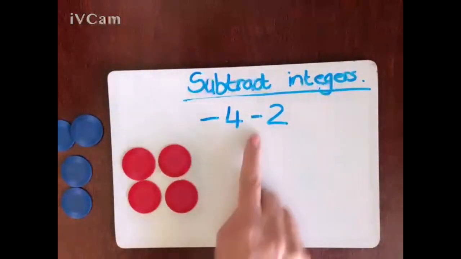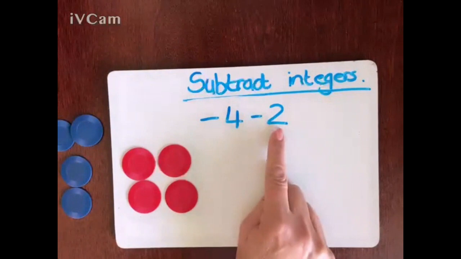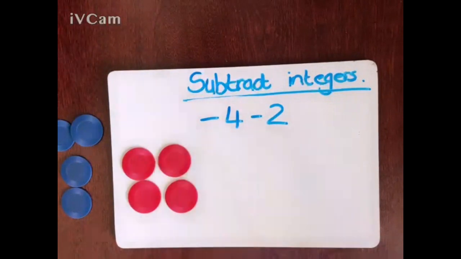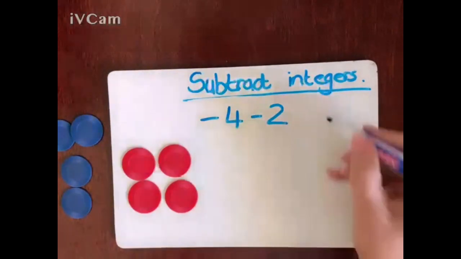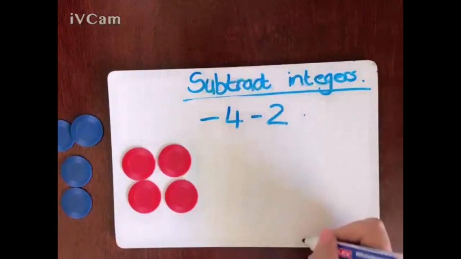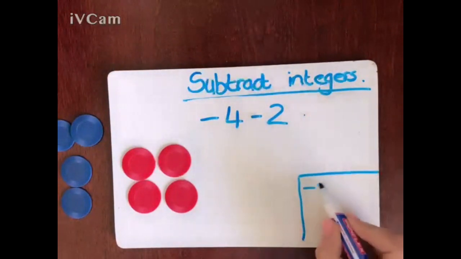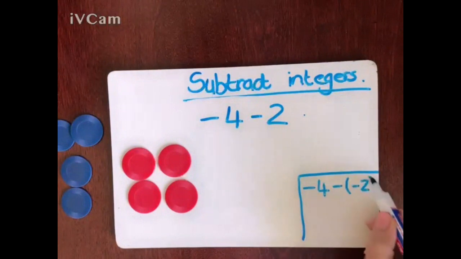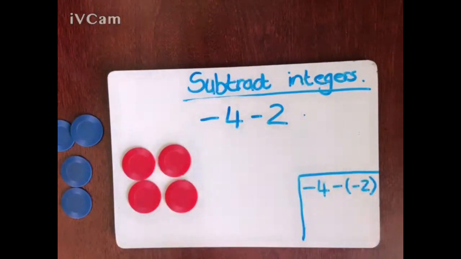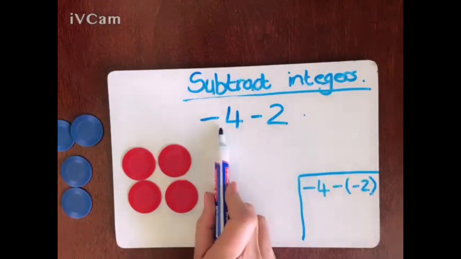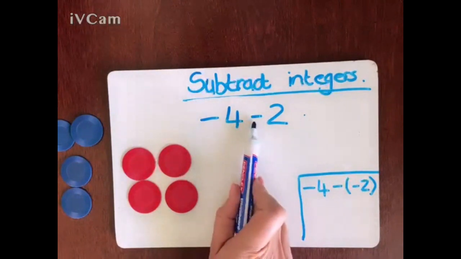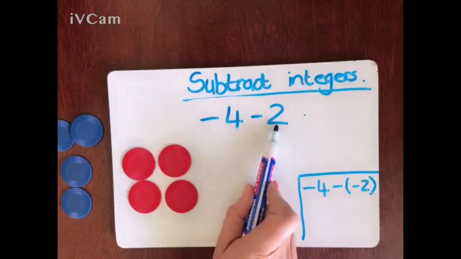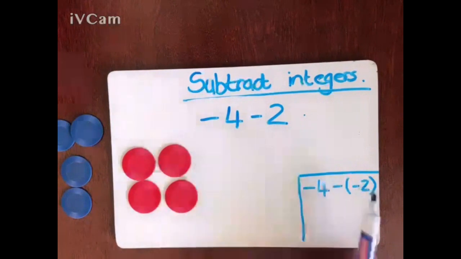And now I want to take away 2 blue Smarties, because remember, there's a difference between 4 red Smarties, take away 2 red Smarties, and 4 red Smarties, take away 2 blue Smarties. Because if you want to take away a positive number, you need to indicate it.